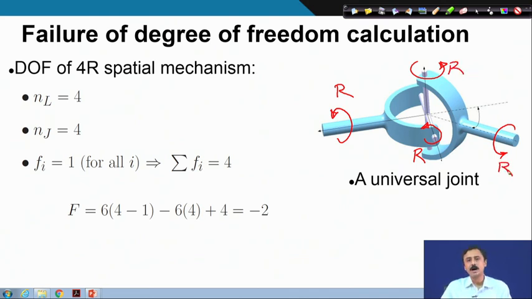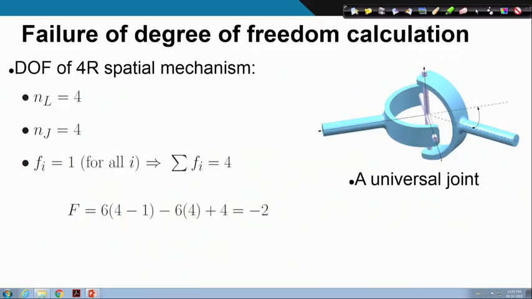Therefore, this is a 4R spatial kinematic chain, and you know that a universal joint does transmit motion, therefore it can move. So, it is not an over-constrained structure as this calculation tells you.